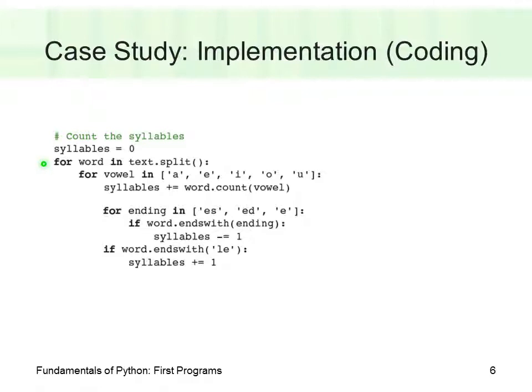Notice also, we've mentioned before that you can nest any sort of structure inside of another structure in Python and most programming languages. So we see that we have for loops nested inside each other. We also have selection statements nested in this for.